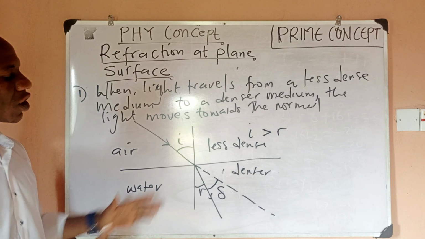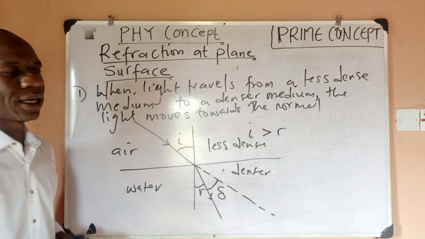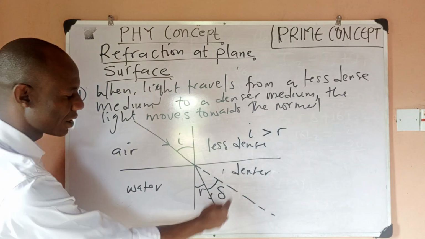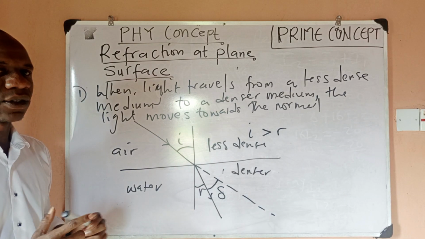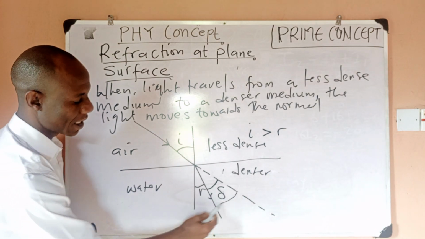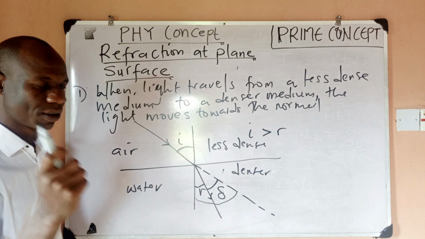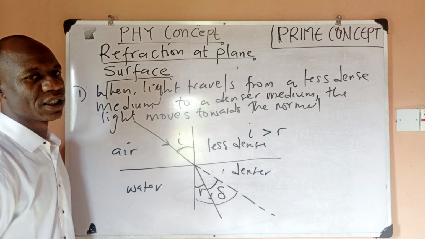So what is the relationship for the angle of deviation under less dense to denser medium? How do you find your angle of deviation? It's very simple. You use the concept in maths that says that this whole angle is going to be equal to this whole angle. And what is the reason? They are vertically opposite angles.